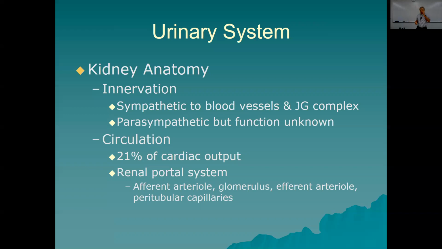Here's a strange thing. The efferent arteriole is called the efferent arteriole, not a portal vein. In other portal systems, we call it a portal vein, but in this system, it's called the efferent arteriole. I don't know why. And then in the peritubular capillaries, it's something called the vasa recta also. And we'll get into that later on.